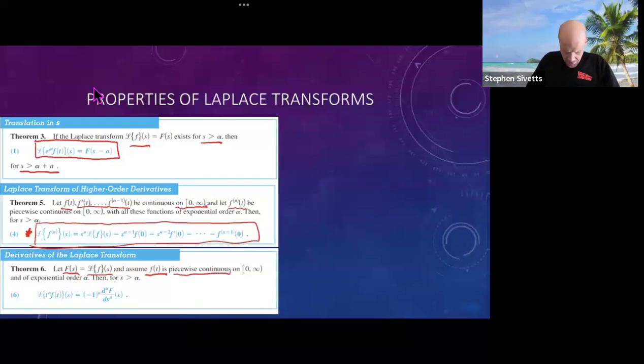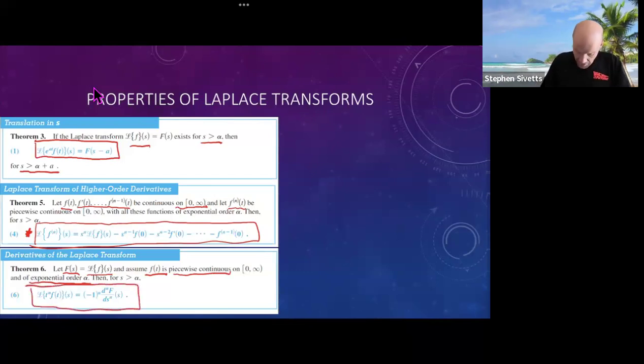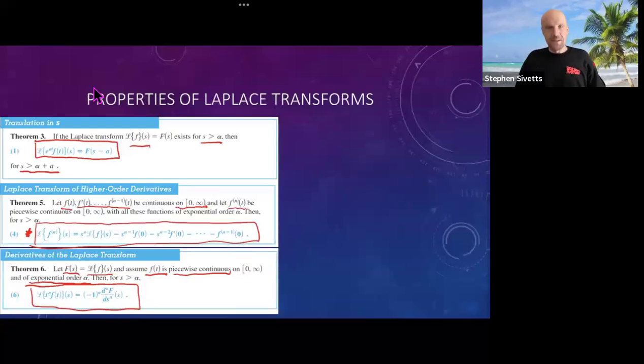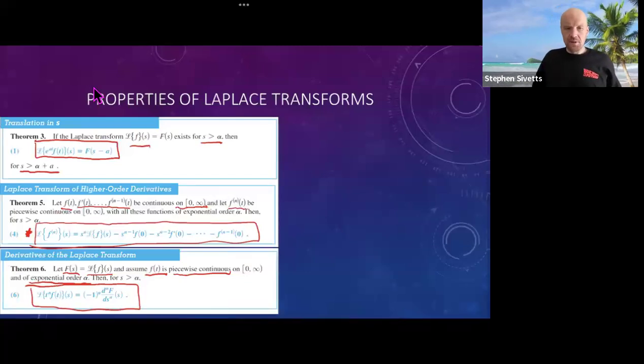If we know that the Laplace transform of little f exists and is of exponential order alpha, then the Laplace transform of t to the n times little f of t is equal to negative 1 to the n power times the nth derivative of capital F with respect to s. I'll show you an example on computing the derivatives of Laplace transforms.